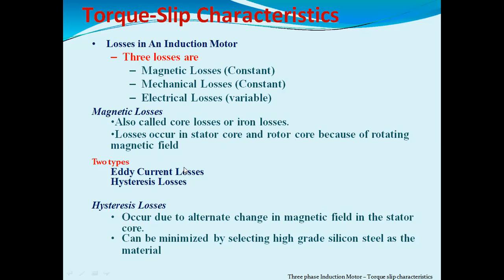If you see the electrical losses, we can call these the eddy current loss or the hysteresis loss. Eddy current means, if there is any error in the power supply, or if you are not doing grounding properly, some amount of current will flow. That current we call eddy current loss. Hysteresis loss occurs due to the alternating change in the magnetic field in the stator core.